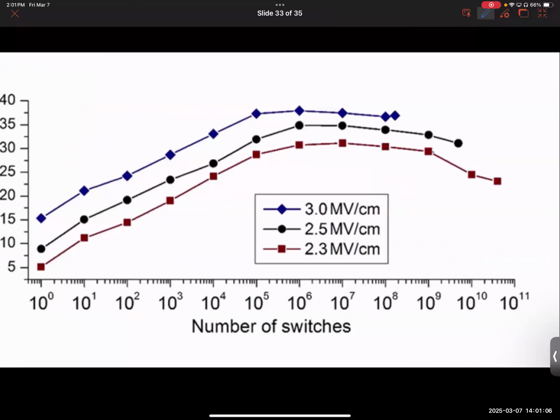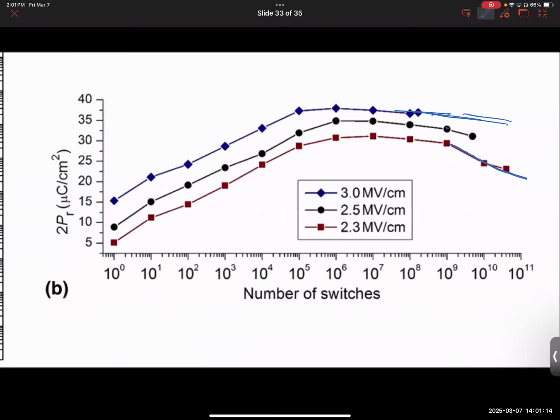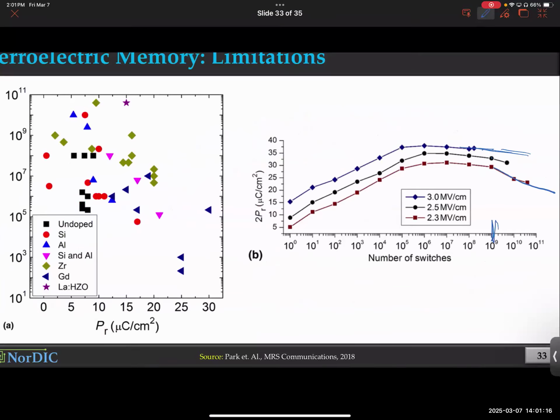Notice the red line shows continuous fatigue. The blue one, on the other hand, is kind of saturating. Also, beyond a certain number of cycles, like 10⁹ or 10¹⁰, you will not get those data, mostly because people don't have enough time to test them. Remember, if a device is switching in a nanosecond, that means having 10⁹ cycles is about a second.